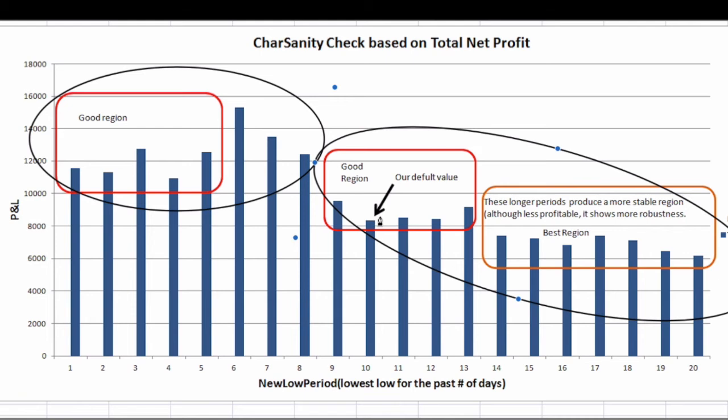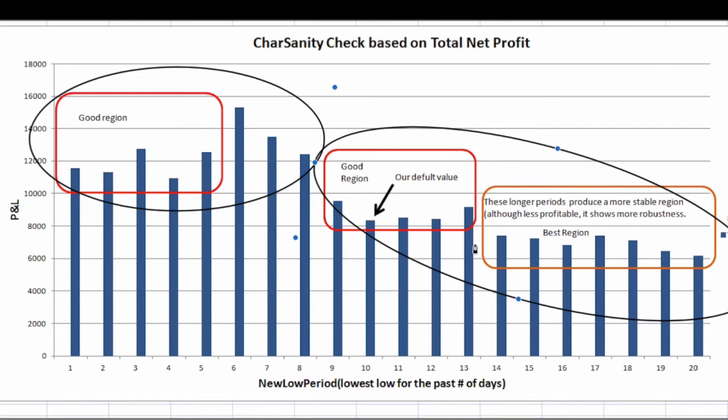This optimization is overall very stable and robust, in my opinion, just because the bars don't move dramatically from one to another. There's a very smooth uprise here and a smooth coming down here. This is the best region in the sense that you see very little variance between the bars.